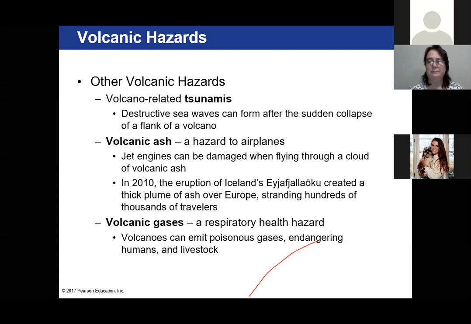Volcanic gases, there's not much sulfur dioxide and less carbon dioxide than water, but that can still be poisonous to plants, animals, and everything. When one of Iceland's volcanoes erupted, 1780s, I want to say, Benjamin Franklin was alive, and he was in Paris at the time, and he took note of the dry yellow cloud that covered France and half of Europe.